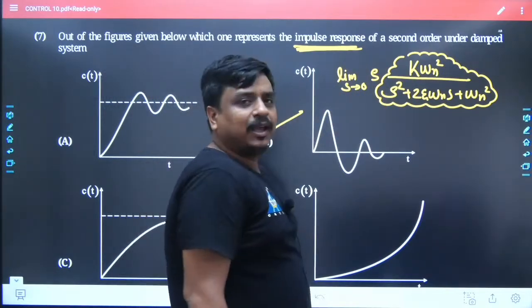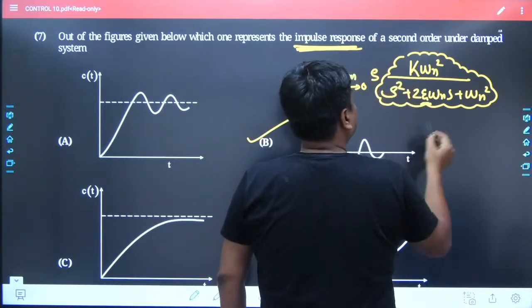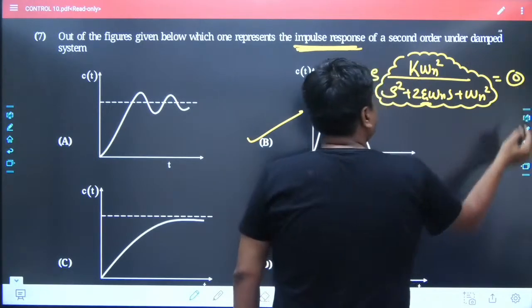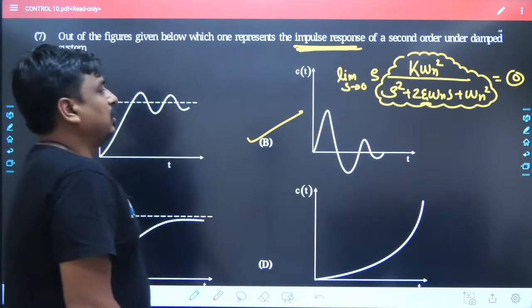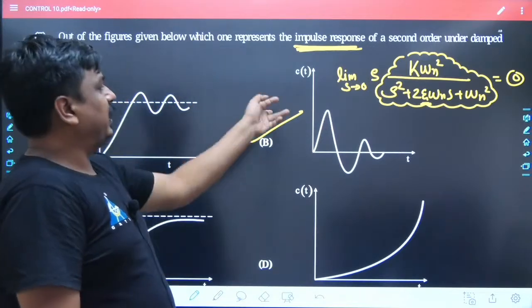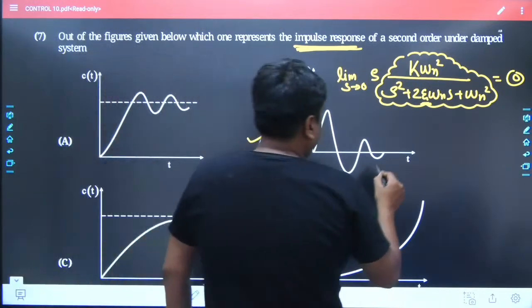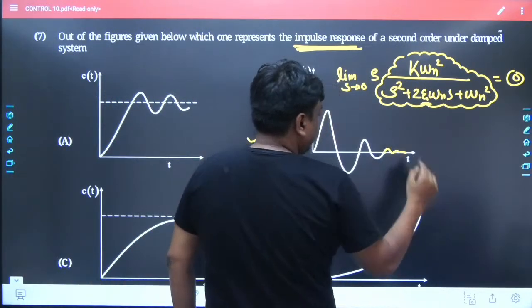Can the final value theorem be applied or not? Obviously, sir, we can, because zeta is underdamped in nature. Once you apply the final value theorem, one thing is quite sure: s is the multiplier towards the numerator. When s is fed as 0, the resultant is going to be 0. It keeps decreasing and goes towards 0.